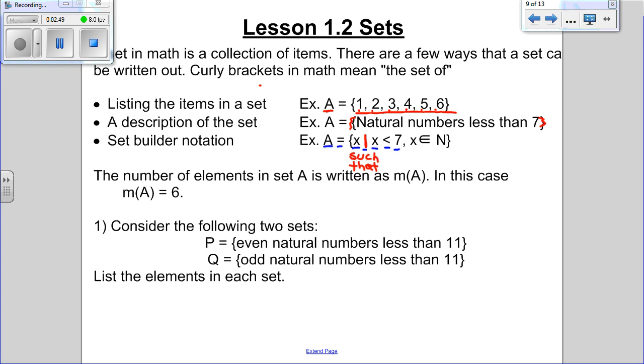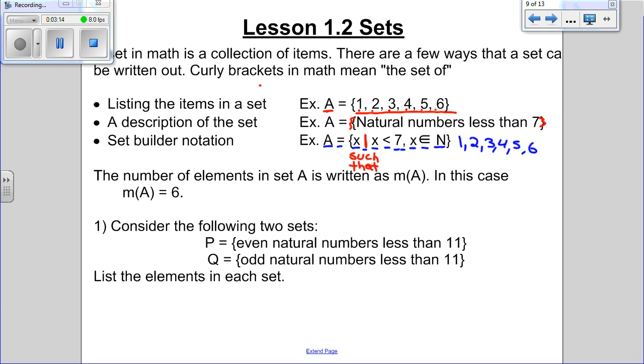And X is an element of the natural numbers. So if you were to read that entire thing, it would tell you X could be any number less than 7 as long as X is a natural number. So the things that would be in this set would be 1, 2, 3, 4, 5, 6, just like the sets above it.